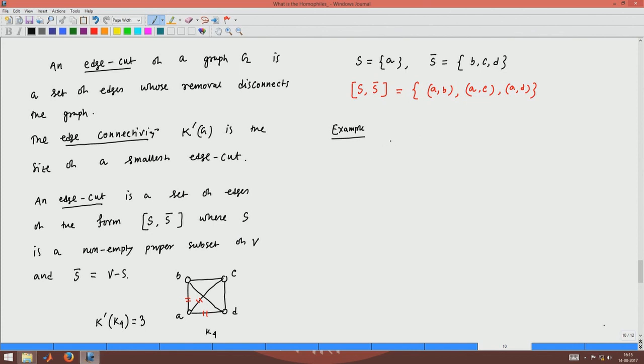So, I will take this graph. There is no specific name for this graph probably. Look at this graph.